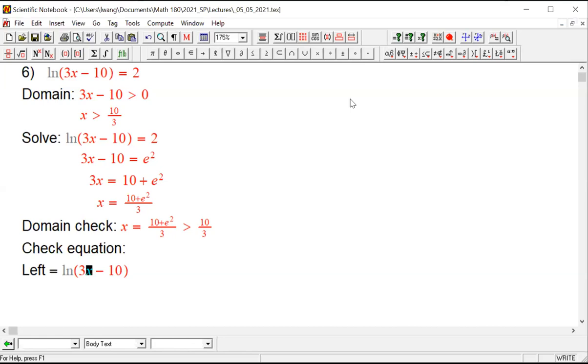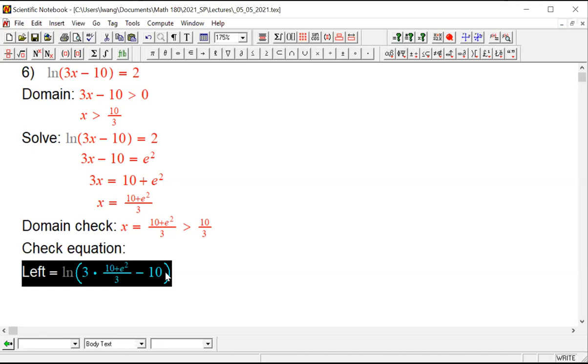Don't underestimate the benefit of doing these checking steps. If you do this, it will greatly enhance your algebraic skill, because you're going to encounter a lot of very interesting situations, and you get to practice quotient rule, product rule all over again. So these are very, very good for us.